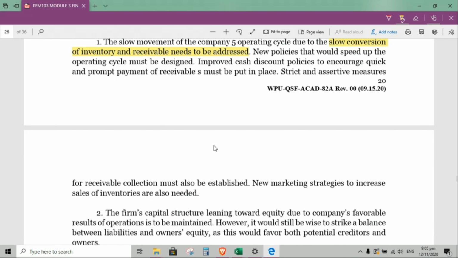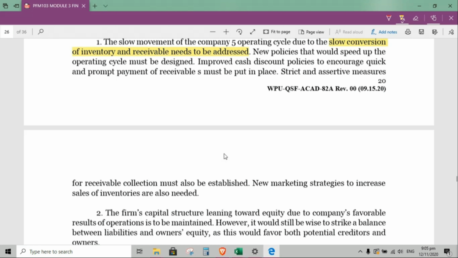Okay? And then, next is strict and assertive measures for receivable collection must be established. Harasin na natin. But of course, with the use of legal papers. Diba nga, pag halimbawang hindi na nagbabayad, so padalhan na natin ng demand letter, mga ganun, para magbayad na.